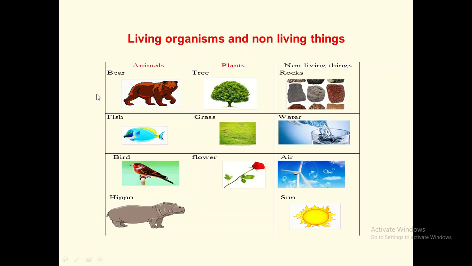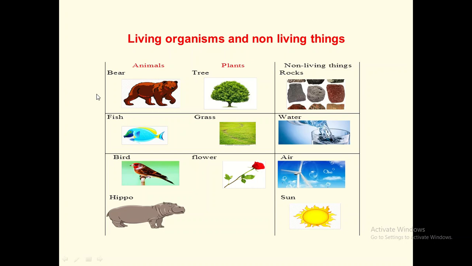We said that living organisms can reproduce, can breathe, can eat, can move by themselves, and can grow. Okay, and drink as well. And non-living things can't move by themselves, can't grow, can't breathe, and can't eat.